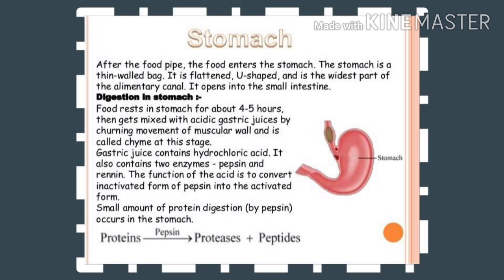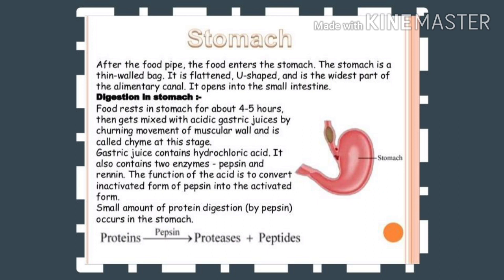It is flattened and U-shaped and is the widest part of the alimentary canal. So it is really wide in structure so that all your food can be stored inside this. So after reaching the stomach, you can pause the video and keep on writing also together.